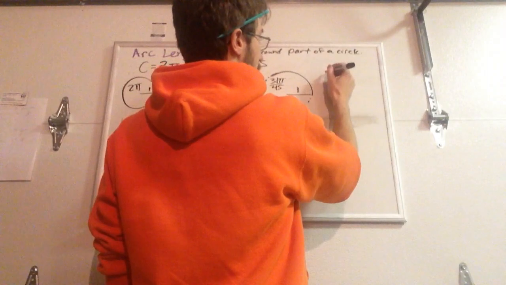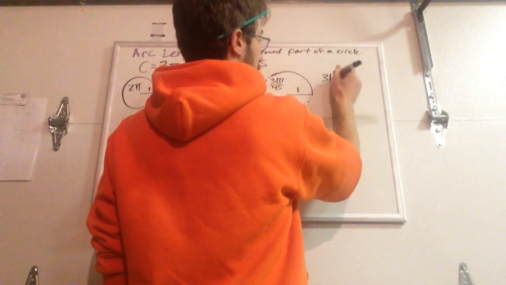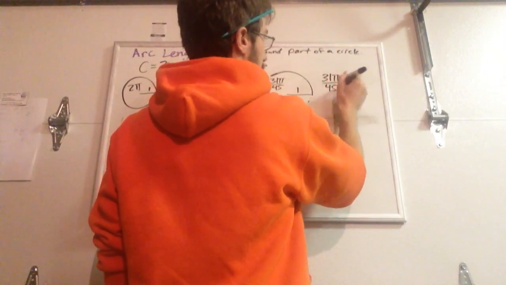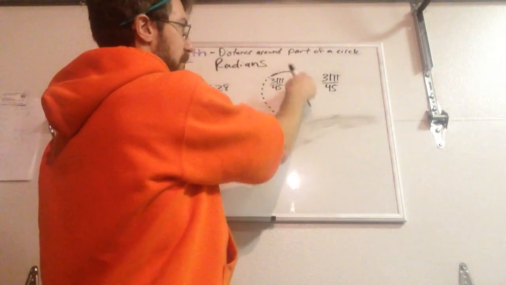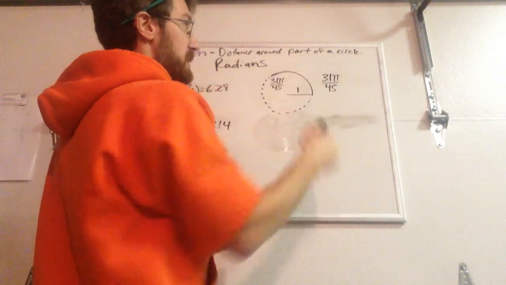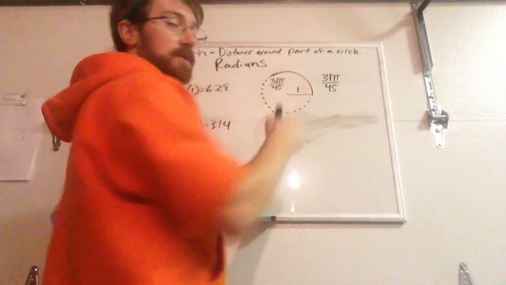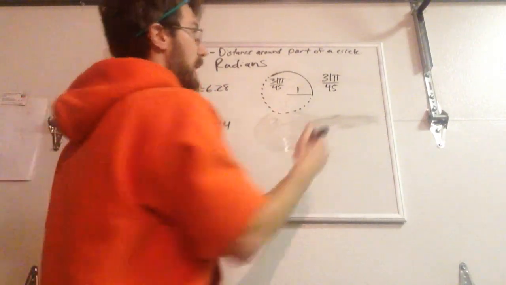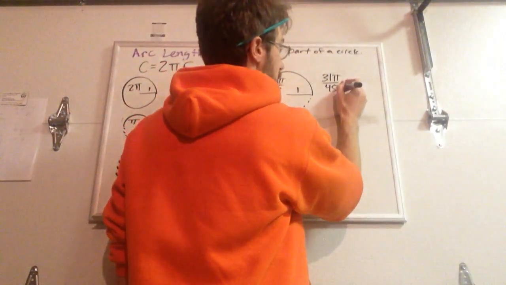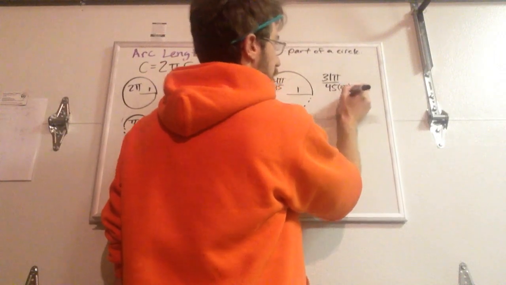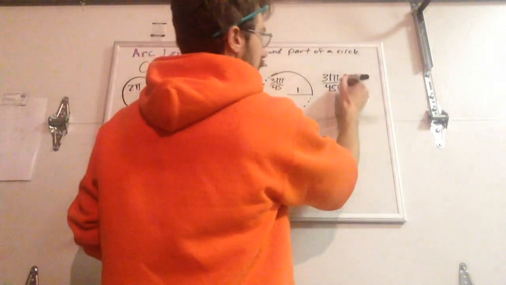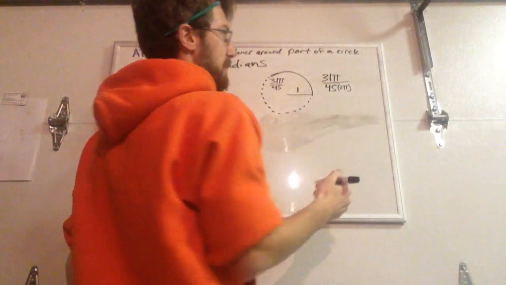Well, I know that 31 pi over 45, to figure out the fraction of the way around, if it was in degrees, I'd divide this by 360, but now it's in radians, so I'll have to divide it by 2 pi. So I can do that by sneaking a little 2 pi down in the bottom here of the denominator. That's the same as dividing it by 2 pi.